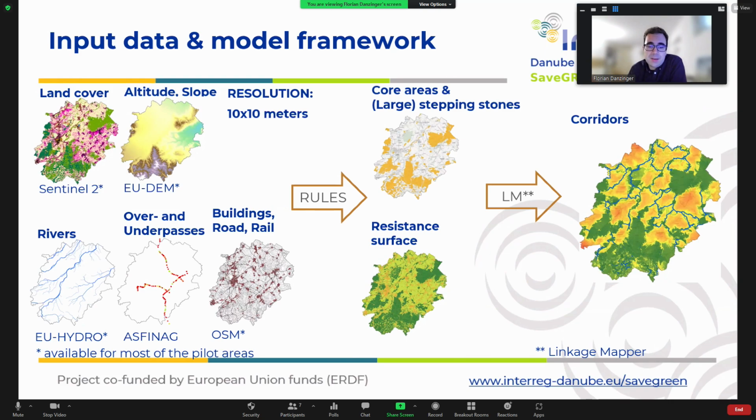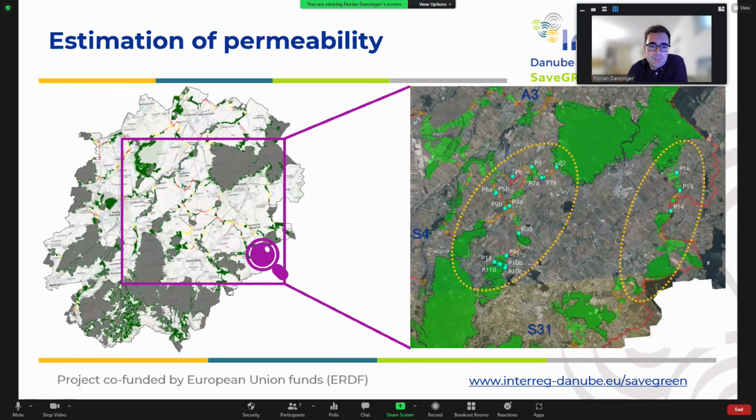Then we calculated core areas and the large stepping stones there, and a resistance model, as permeability model showed us where the animals that are migrating in the region most likely would go.